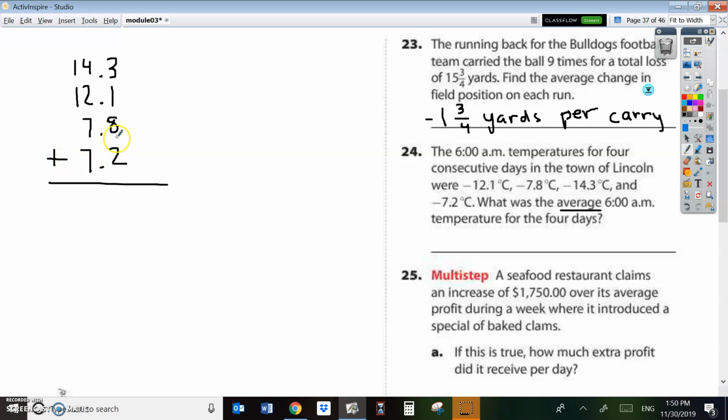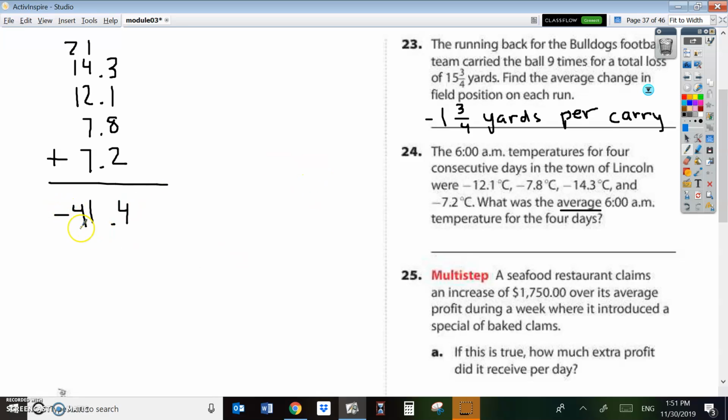Okay, add all that. 2 plus 1 is 3, plus 7 is 10. Let's try that again. 5, 7, 14, 21, so 1 goes here, 2 goes here. It's 41 4/10. Keep it negative.